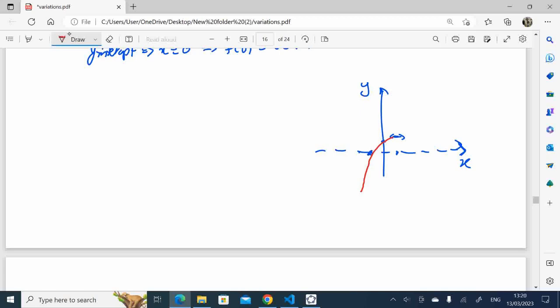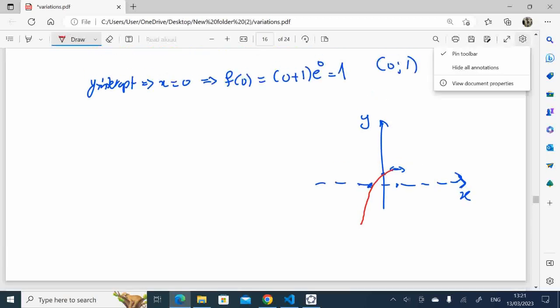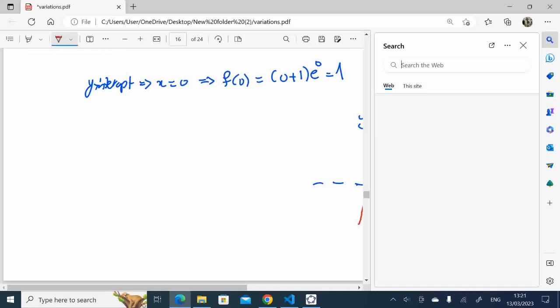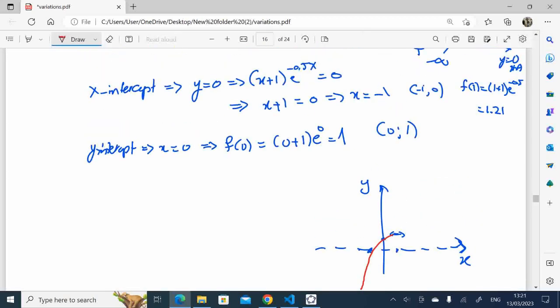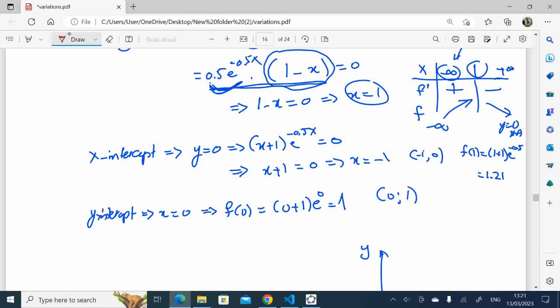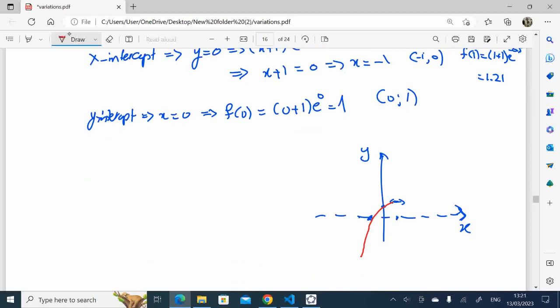Then from the maximum we go down to plus infinity of the horizontal asymptote, which means to here. So this is the graph.